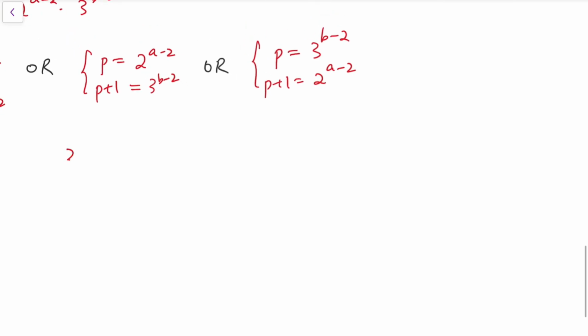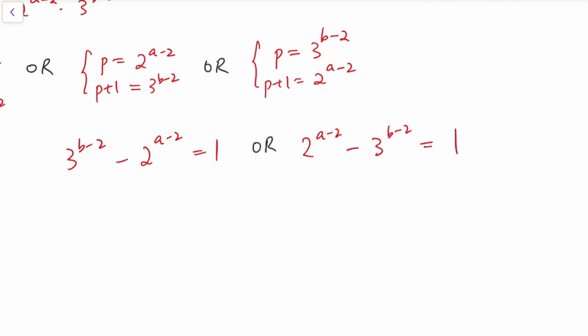For the other two cases, that means the perfect powers 3 to the power b minus 2 minus 2 to the power a minus 2 equals 1, or 2 to the power a minus 2 minus 3 to the power b minus 2 equals 1.